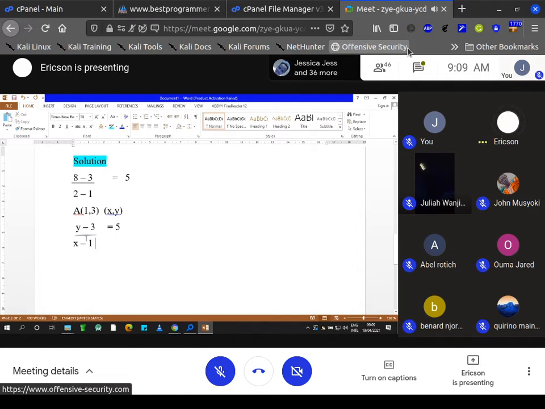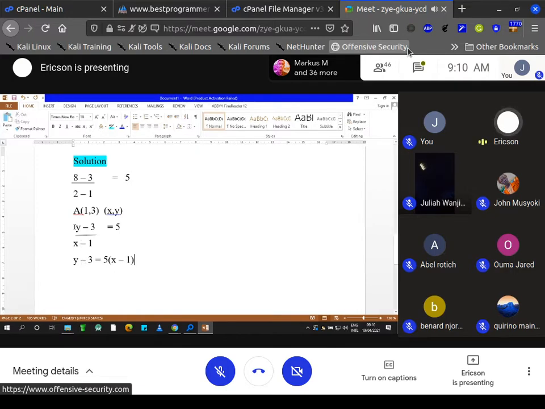In other words, you can choose to multiply the left hand side by x minus 1, so that you can remove this denominator. When you multiply by x minus 1, it cancels out and you will be left with y minus 3. On the right hand side, multiply 5 by x minus 1.